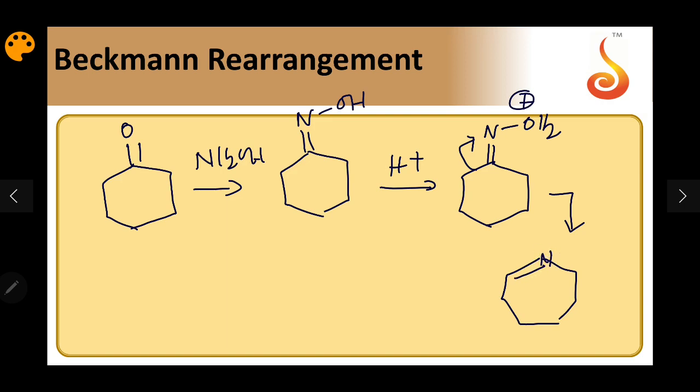Double bond N, with minus here and plus here. So water will become OH and N, then it tautomerizes.